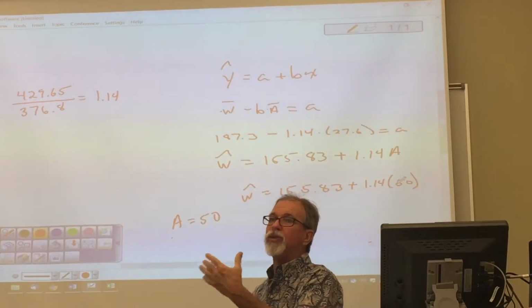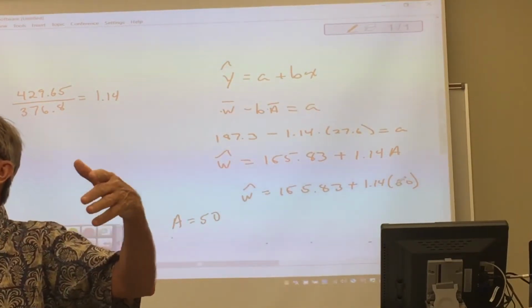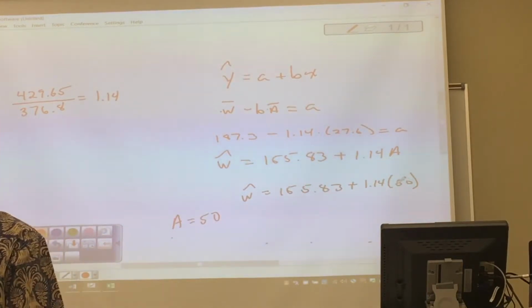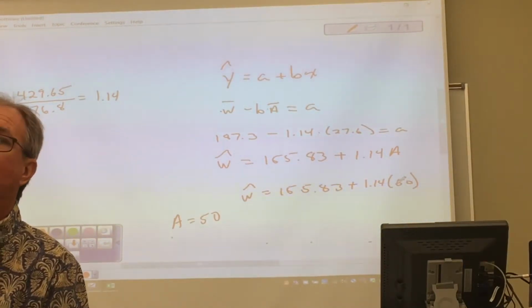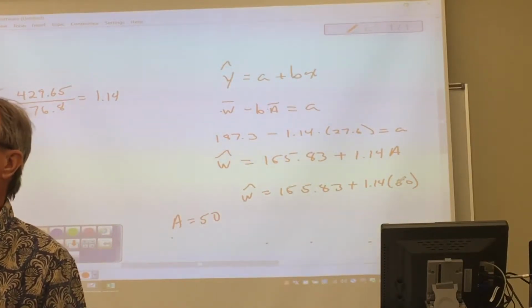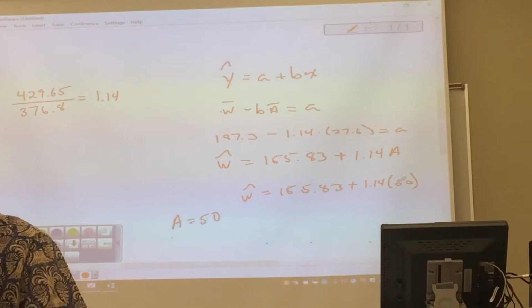So we use the equation based on some data so that we can predict things that we don't actually have data points for. We could take this equation and ask what's your age, and get a predicted weight.